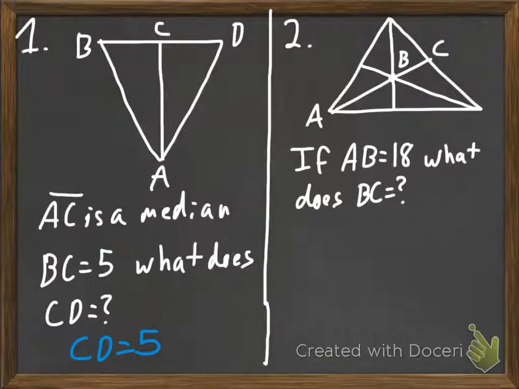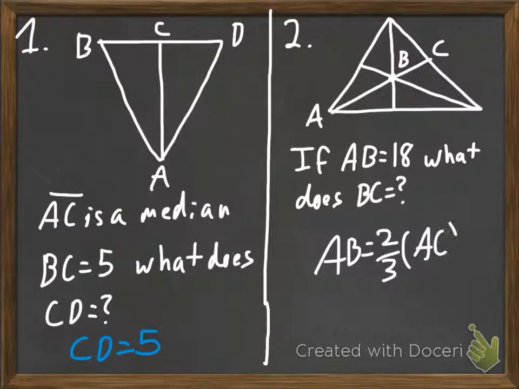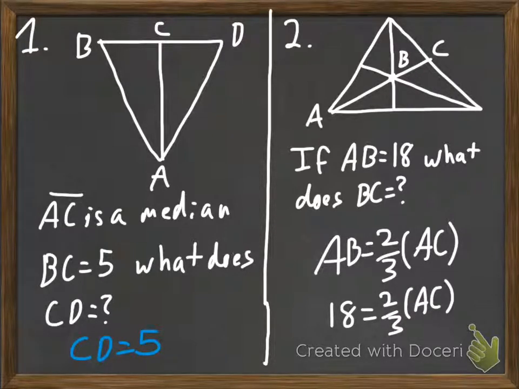But what we can do is solve for the entire AC, and then subtract AC minus AB. We know that the formula will be AB equals 2/3 of AC. If we substitute in 18 for AB, we can now solve.